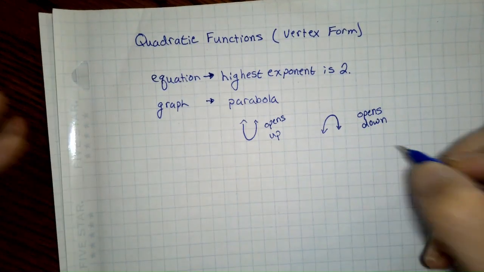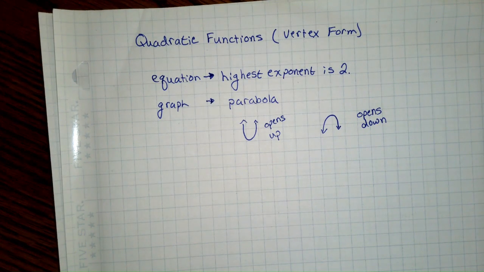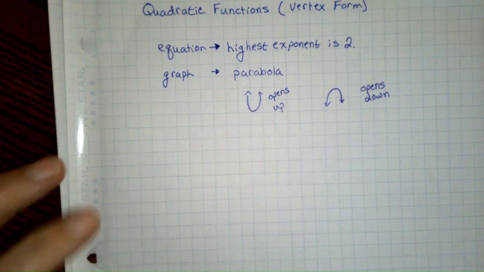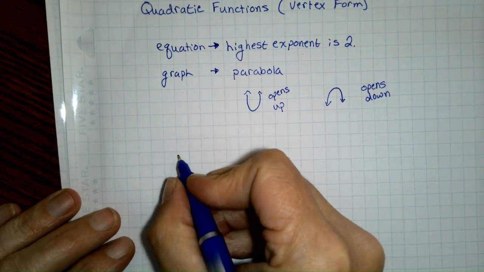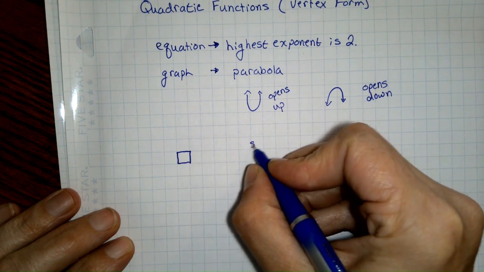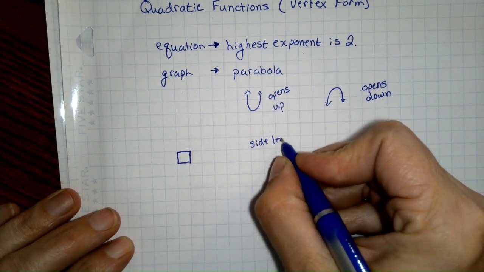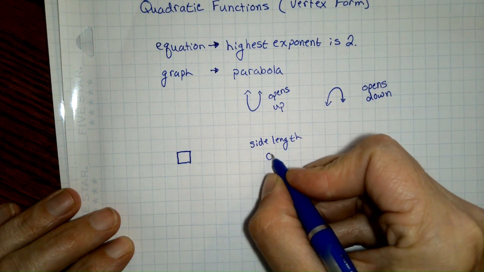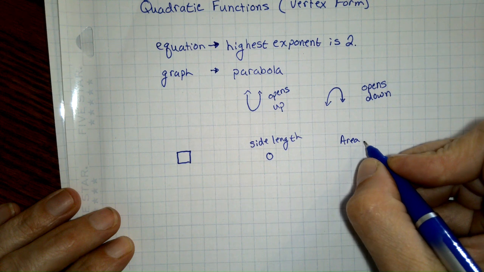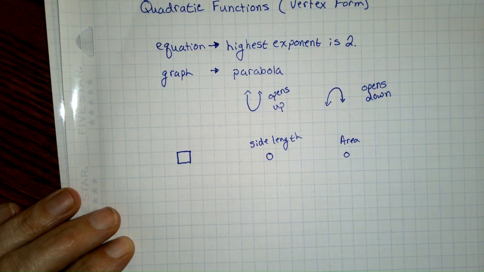And we will talk about what causes that to occur, but I did want to talk about the difference between up and down. So let's first of all think about shapes. For example, a square. If your side length is 0, then your area would also be 0.